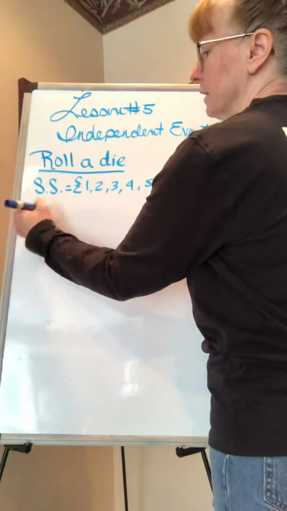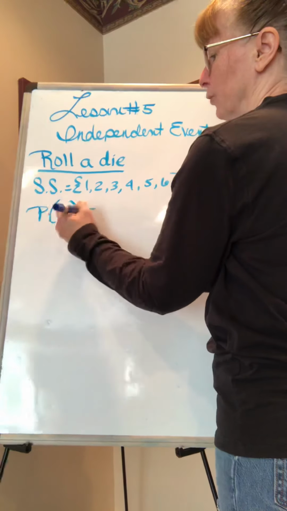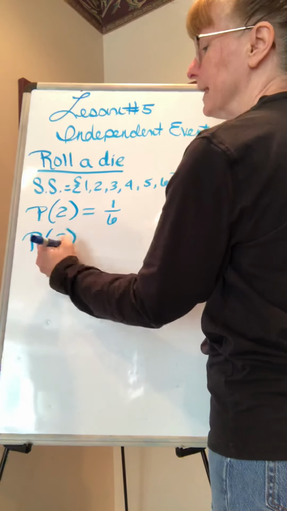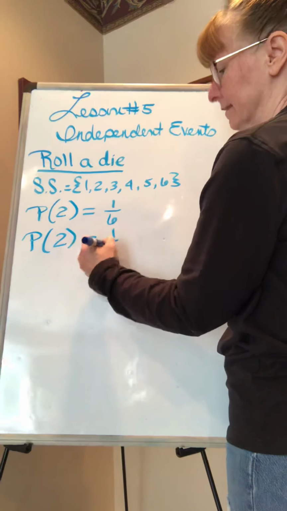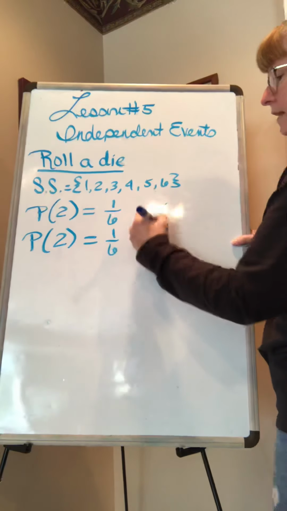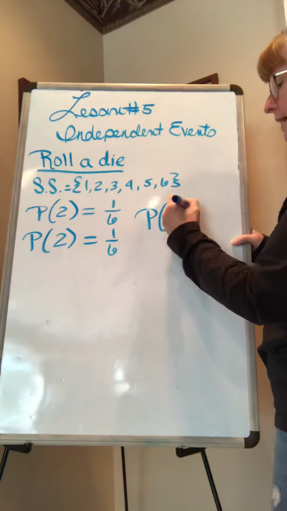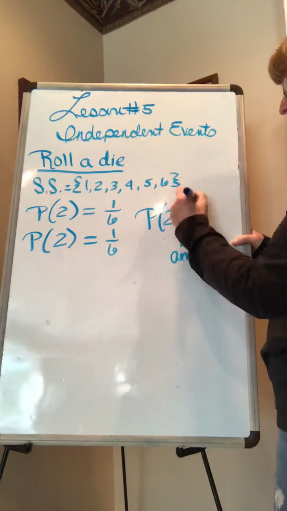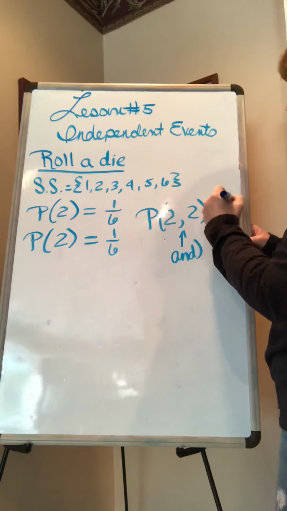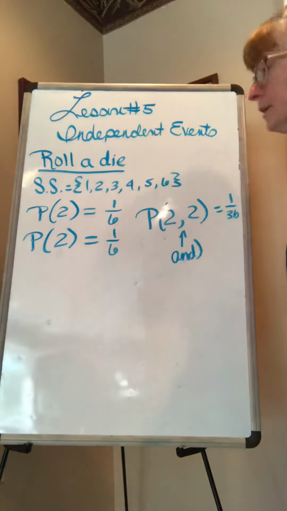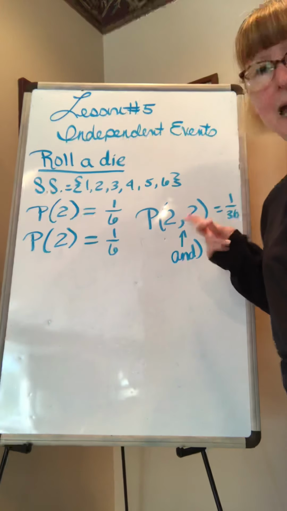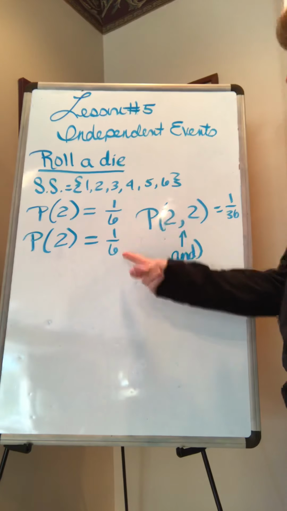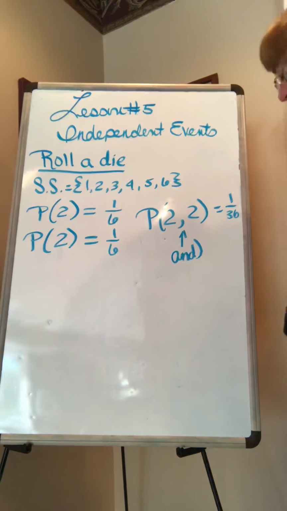So the probability of rolling a 2 is 1 out of 6. The probability of rolling a 2 again is still 1 out of 6. So the probability of rolling a 2 and a 2, now the comma means and, is now equal to 1 out of 36. See, because when we are talking about and with these types of things, what we do is we multiply the individual probabilities together.